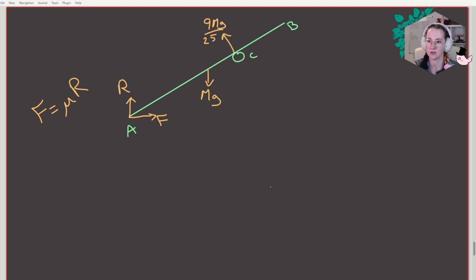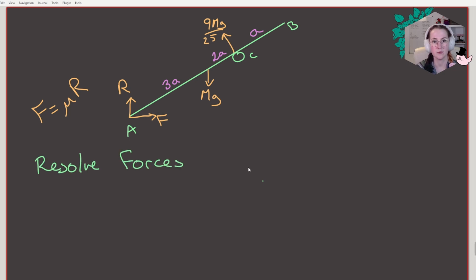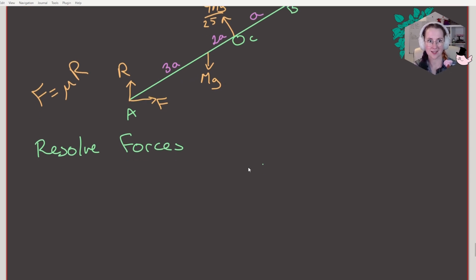But all we need to do now, oh yeah, and we also have our distances. So mg, our center of mass, is halfway up our length, so this is 3a. We know that the total distance A to C is 5a, so this is going to be 2a, and that leaves us with this being a. 3, 5, 6. Yes. Delightful. Let's resolve our forces. So this is going back to the work we did in the Newton's laws and forces lecture last time.